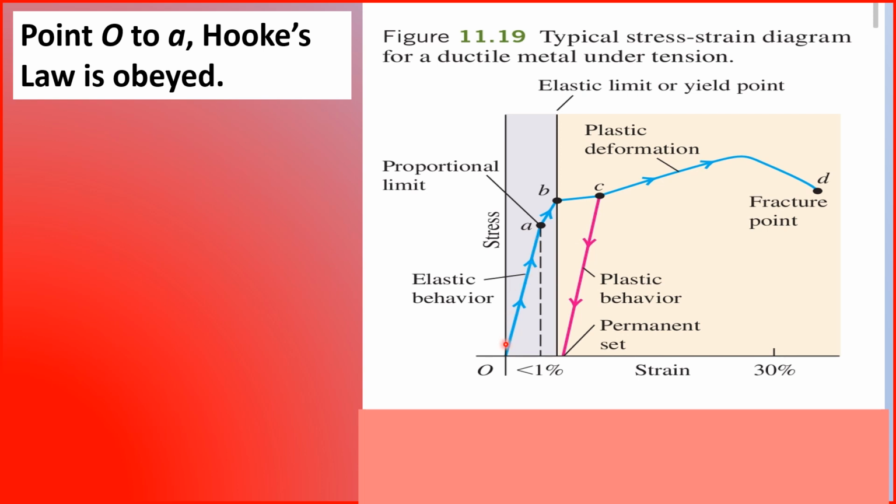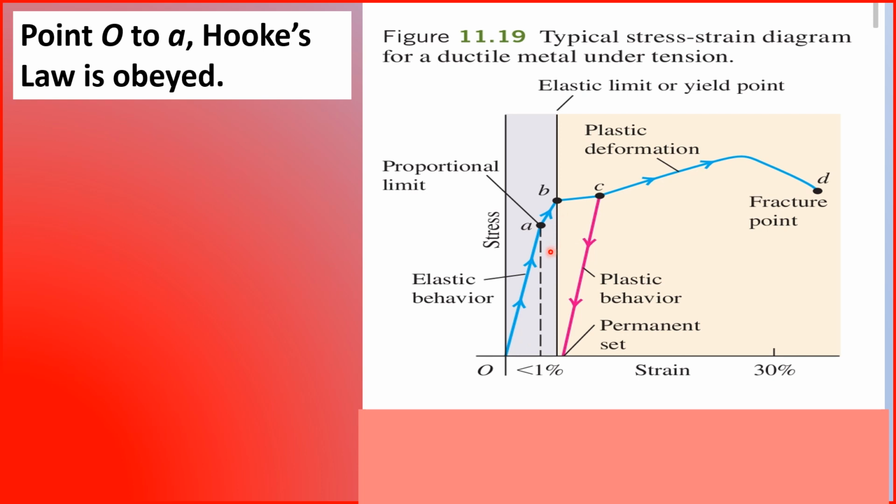So during this particular moment when the strain increases linearly for a corresponding amount of stress, the two quantities, stress and strain, are directly proportional, and that's exactly what Hooke's law is telling us.